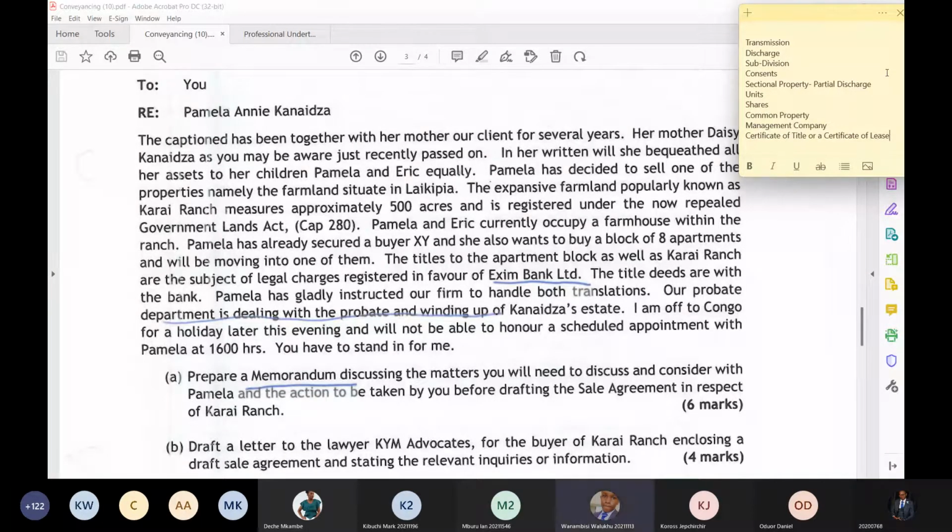Just to add on the first part on transmission, I believe the issue of grant, confirmation of grant or issues pertaining to letters of administration, it will have to be justified as one of those documents that will be required in the registration of the transfer of transmission.